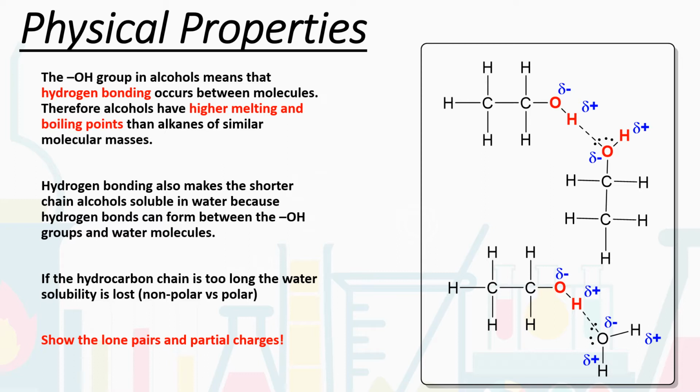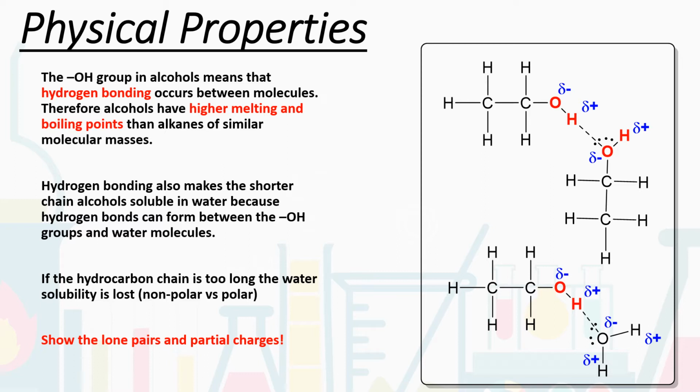And we have hydrogen bonding. Remember that hydrogen bonding has to occur between something that contains fluorine, oxygen, or nitrogen, along with hydrogens that are bonded to those.